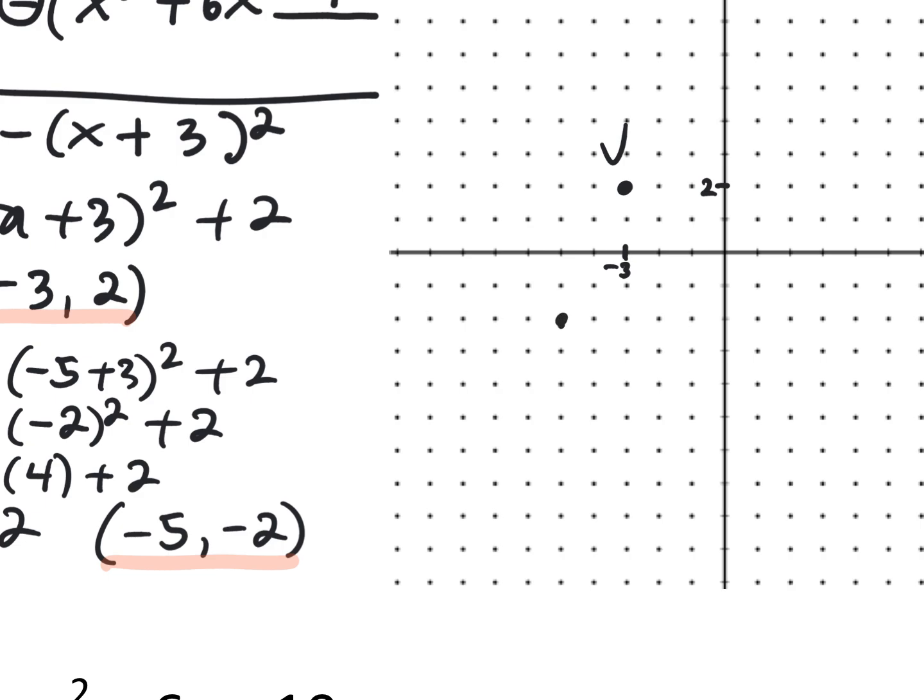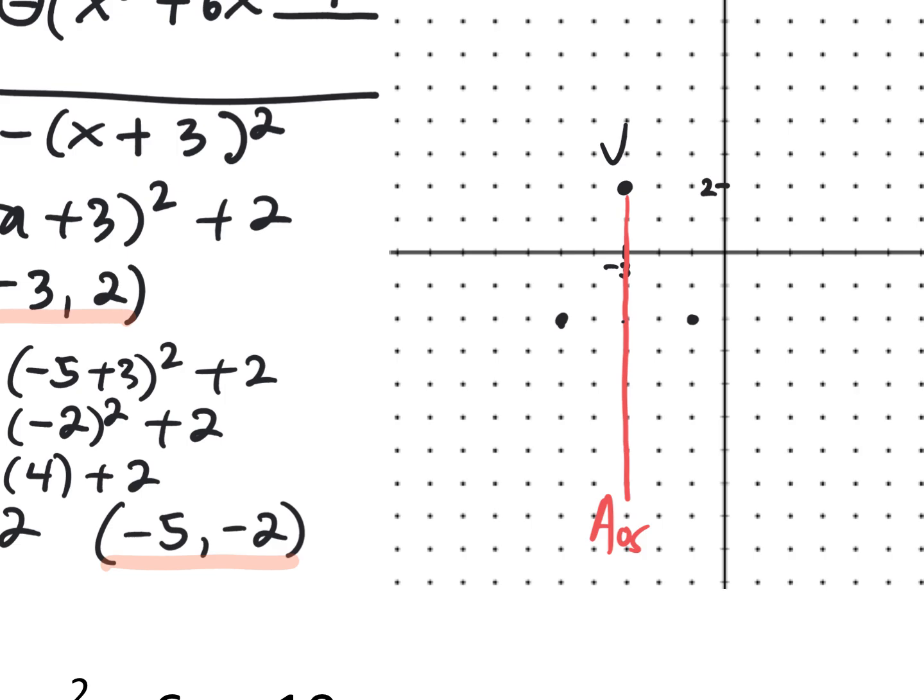So my axis of symmetry is actually at x equals negative 3, this one. Okay, that's my axis of symmetry. It means I can just mirror on the other side. So 2 units from this point to the axis of symmetry, therefore 2 units also from the axis of symmetry to the right side of the parabola.